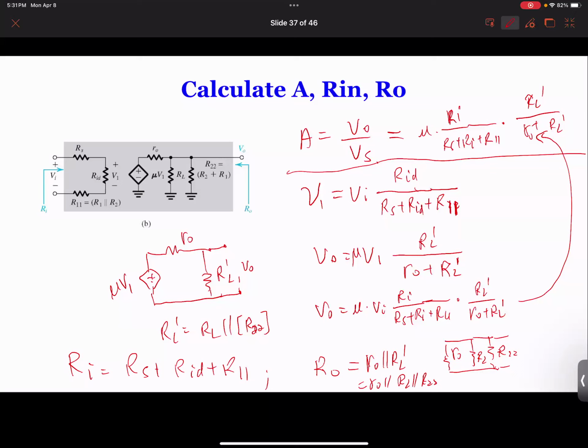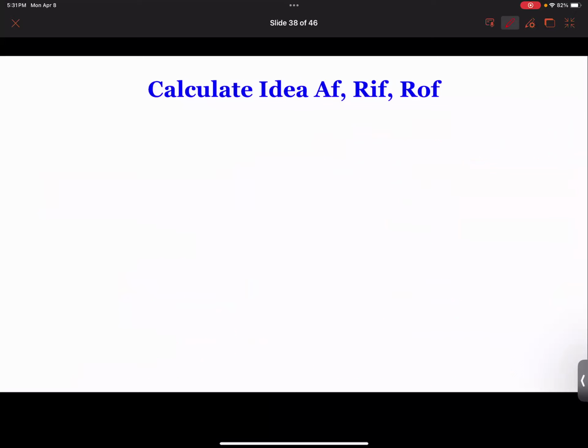So now we got A, we got Ri, we got RO. From there, you can calculate AF, because we know that AF equals A over 1 plus beta times A, which you plug in all the numbers to get.